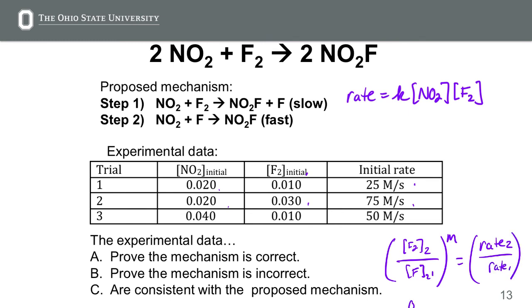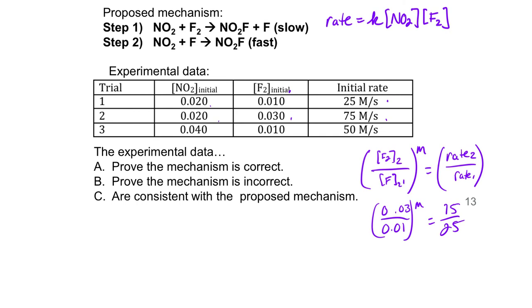And so we have 0.03 over 0.01 raised to some power equals 75 over 25. We will find that we have 3 raised to some power equals 3, and that power must be 1. So the order with respect to F2 must be 1. So we're going to have rate equals F2 raised to the power of 1.